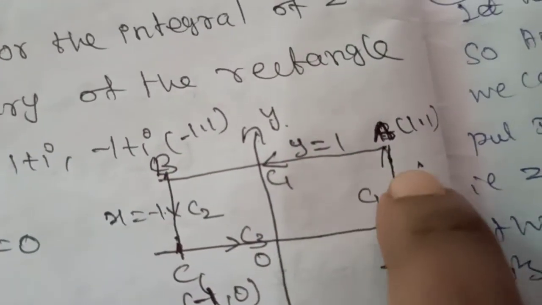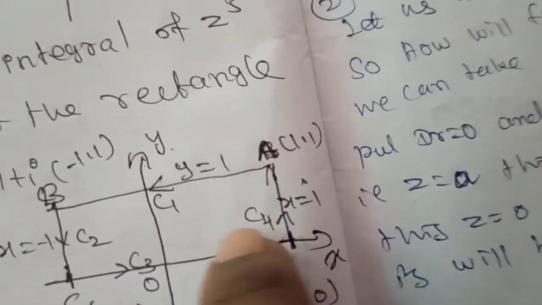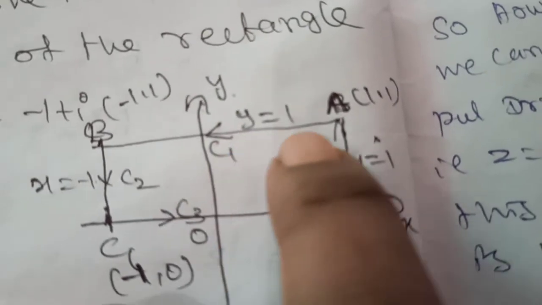Connecting these points, you give the points O, A, B, C, D, and the curves C1, C2, C3, C4. The C1 curve has the equation y equal to 1.